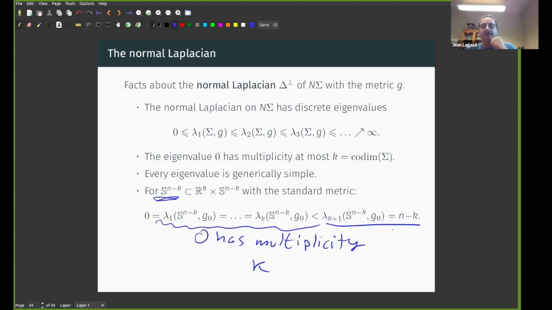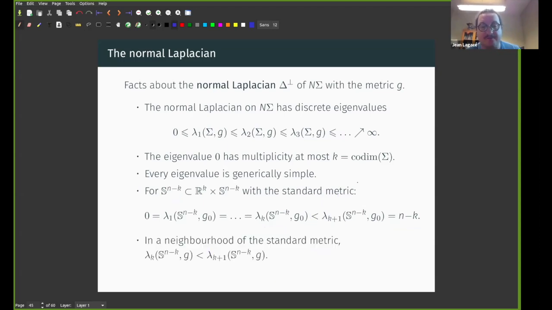So even without this genericity statement, in a neighborhood of the standard metric, you have this strict inequality between lambda k and lambda k plus 1. In fact, not only is it smaller, it's quite far from lambda k plus 1 in a small enough neighborhood, at least n minus k apart.